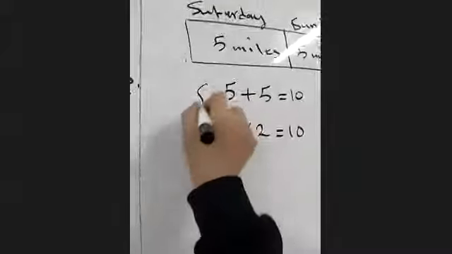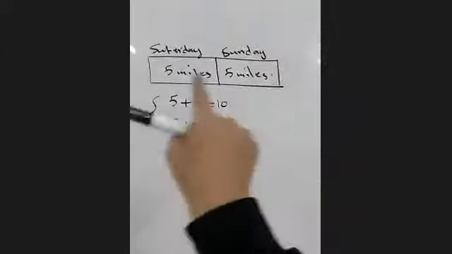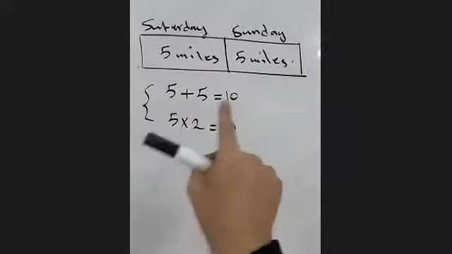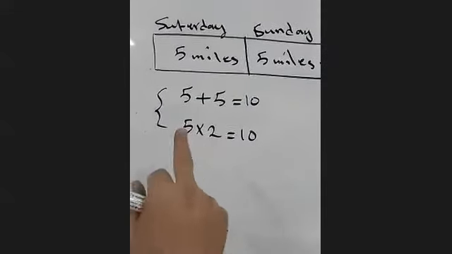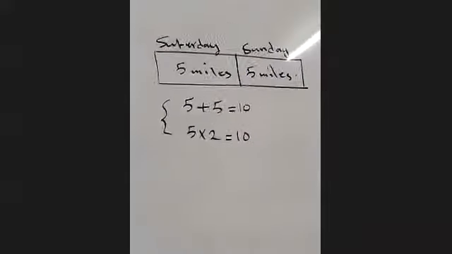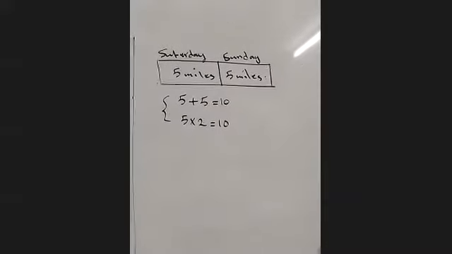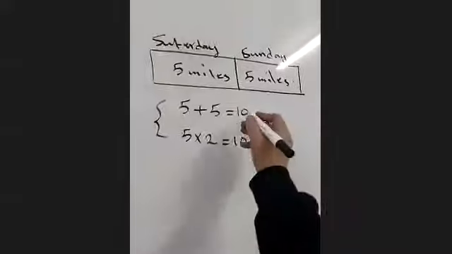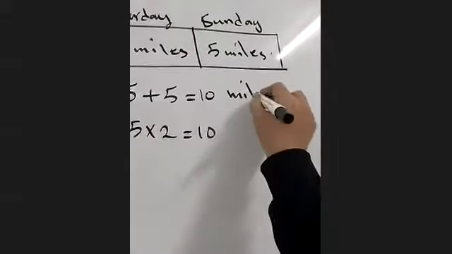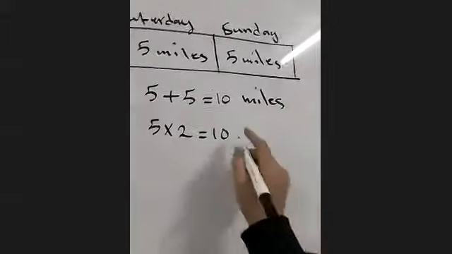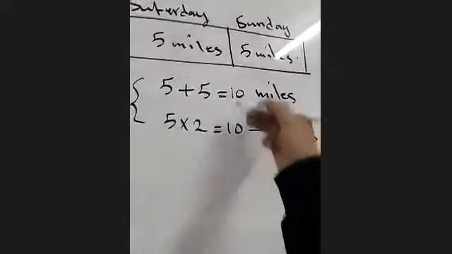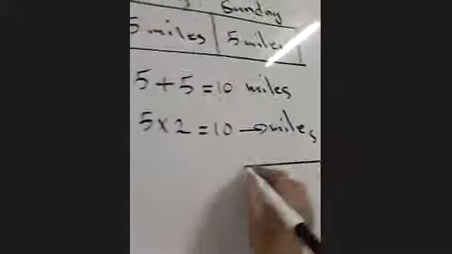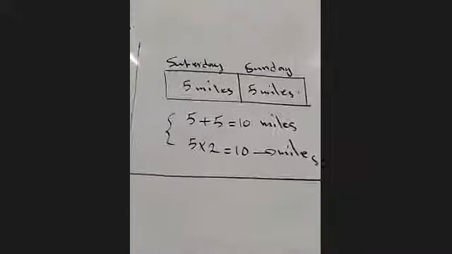So we have 2 ways to express the total of the miles. We can say 5 plus 5, and we can say 5 multiplied by 2, because we have 2 days and each day is 5. Do you understand that? Yes. So 5 plus 5 is 10 miles, the total of the hiked miles in this trip. And 5 times 2 is also 10 miles. If you see, the answer is the same. This is the idea of example 1.